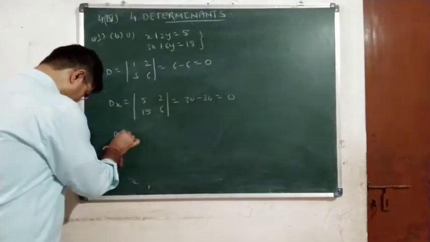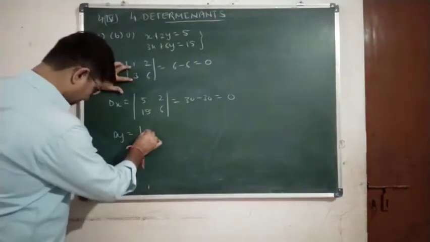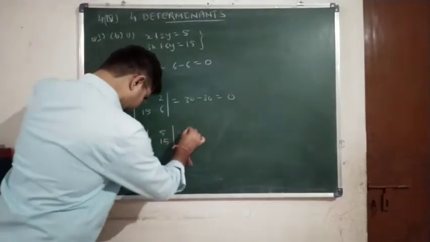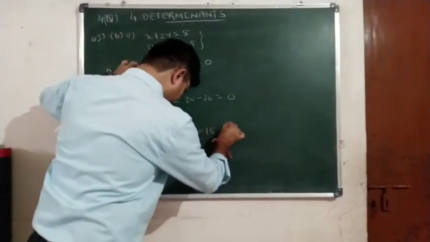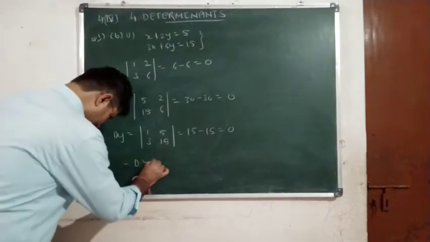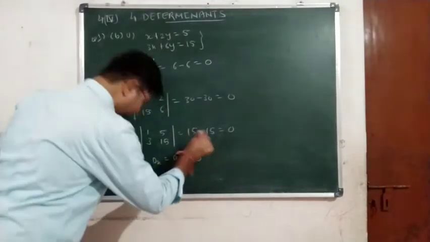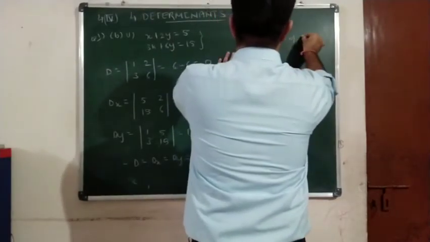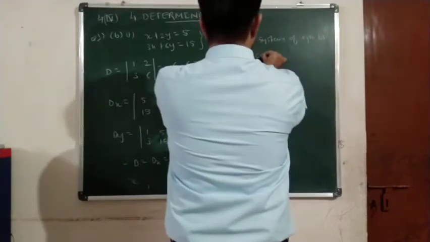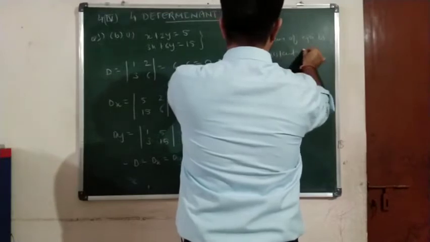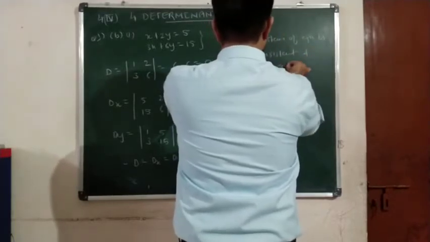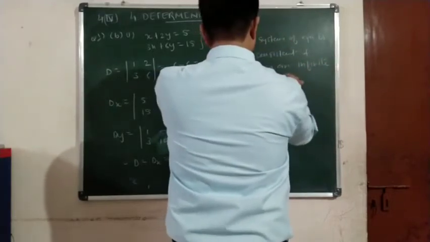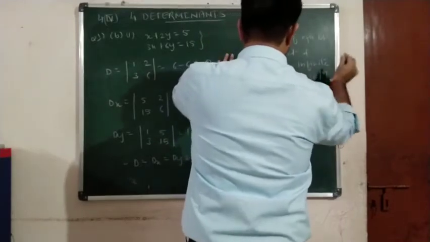Again, dy. The second column, 2 and 6, will be replaced by 5 and 15, which gives 15 minus 15 equals 0. Therefore d equals dx equals dy equals 0, and therefore the system of equations is consistent and has an infinite number of solutions.